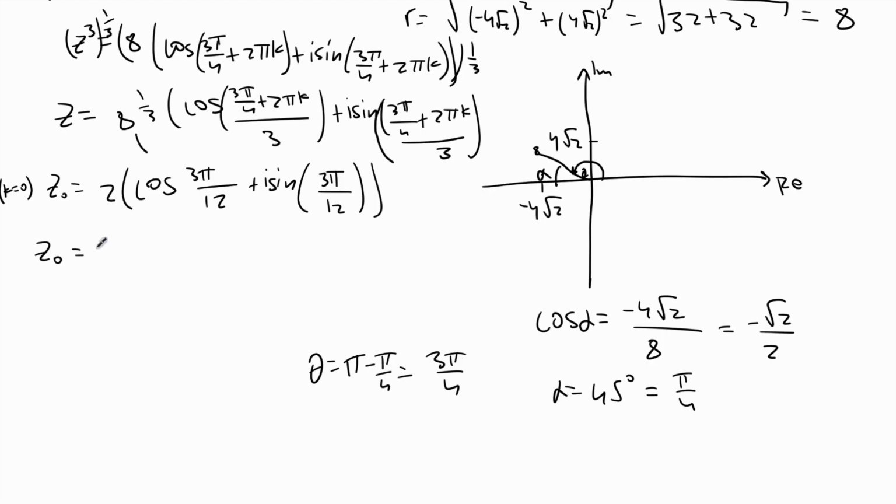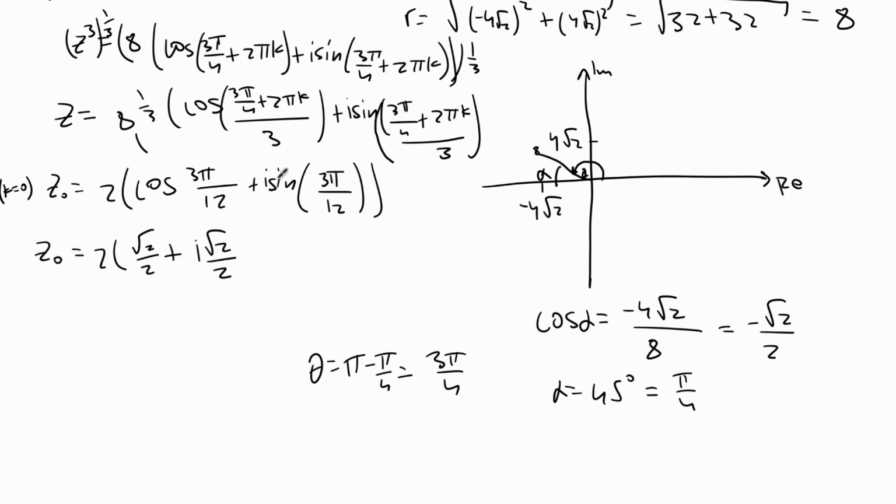Now let's evaluate this. If I simplify this, it's going to be pi over 4, and pi over 4 is 45 degrees, and cosine pi over 4 is square root 2 over 2. So this is square root 2 over 2 plus i square root 2 over 2.